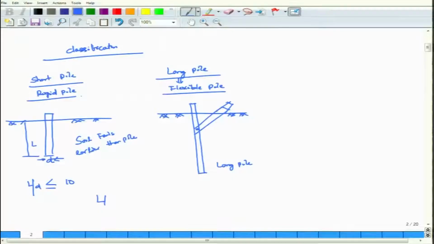Between L by D of 10 to 20 or 30, it is called a medium pile. L by D greater than or equal to 20 or more than 30 is called a long pile.